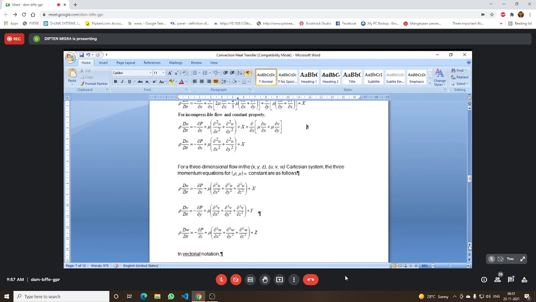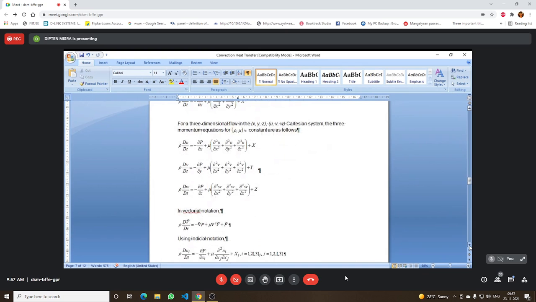And in a vectorial notation, we can write it as rho into del t of the velocity vector v equal to minus grad of p, because that grad of p will have a component along x del x, a component along y del y, and a component along z del z, and plus mu into Laplacian operator operating on the velocity vector v.